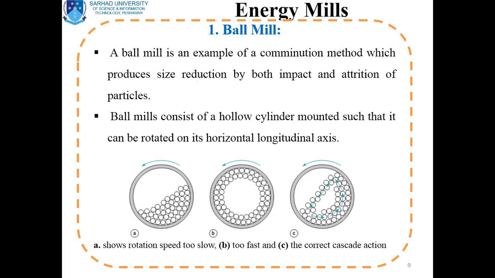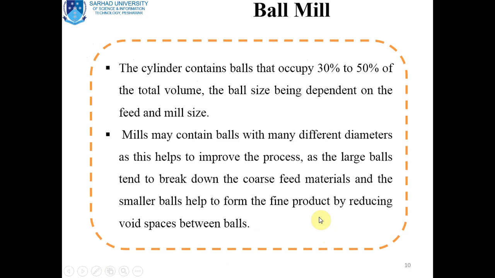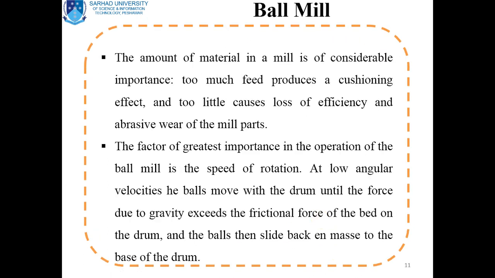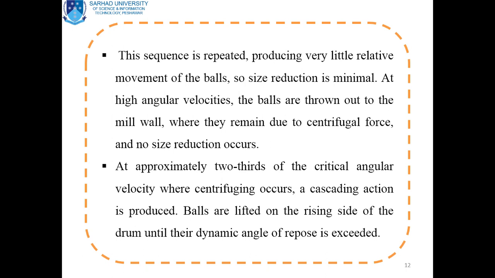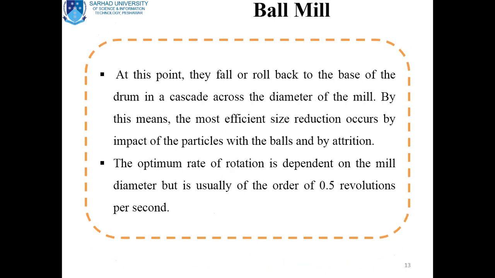You can see that is the third one, the correct cascade action for maximum efficiency. At this point, shown in figure C, the balls fall or roll back to the base of the drum and cascade across the diameter of the mill.